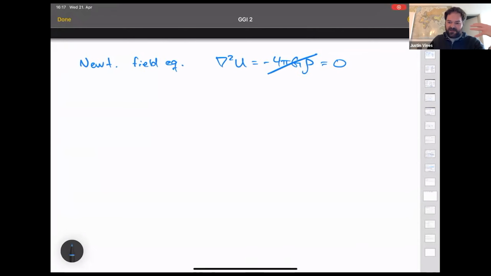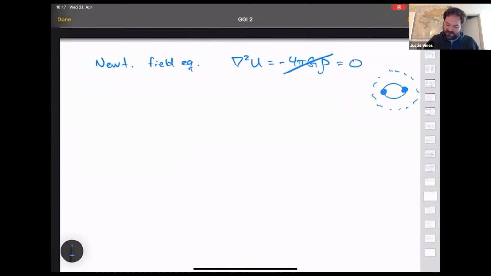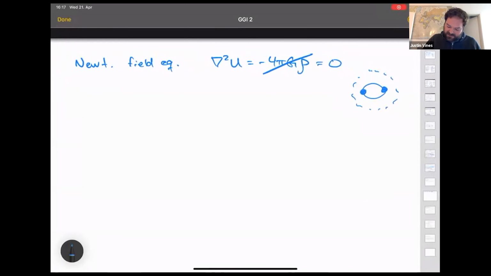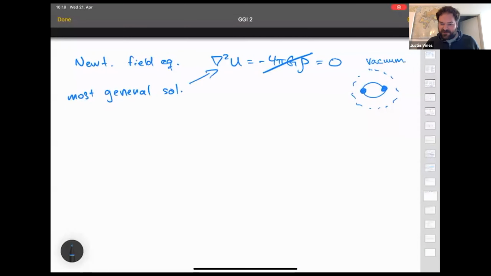So the Newtonian vacuum field equation, let's say we have our binary here, where in general rho is not 0, but let's go outside the source. So still in the near zone, but in this vacuum region outside, and ask the question, what is the most general solution to this vacuum field equation?